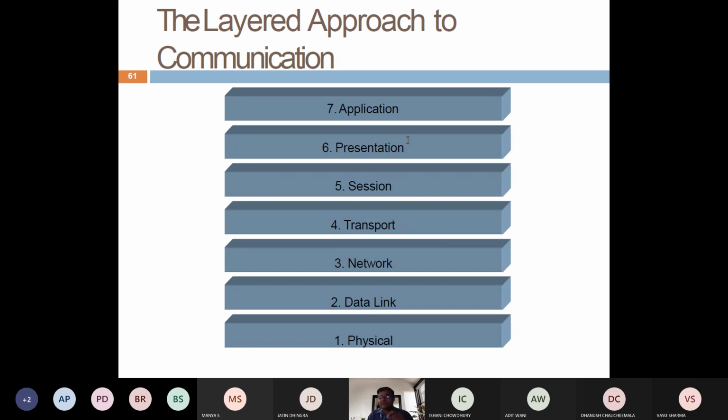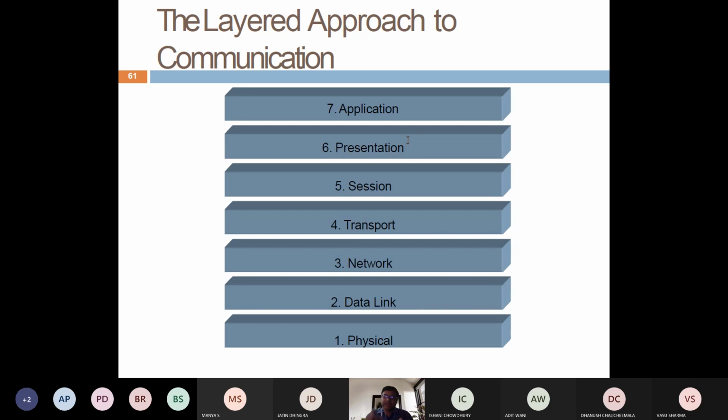Then it will be checked and matched whether the destination address written in that packet matches the destination address. If it matches, then it will be delivered to that machine. Again, in that machine there are so many processes, and that message is intended for a particular process. It is not for the whole machine.